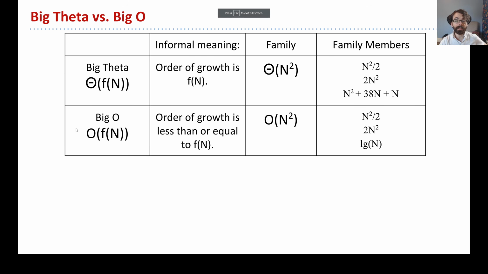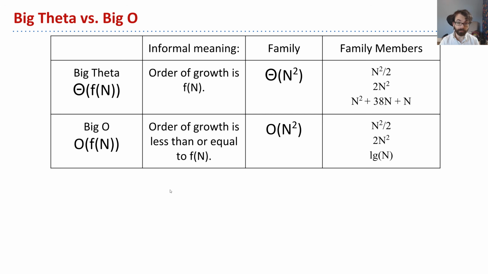So comparing Big Theta and Big O, the informal meaning of Big Theta is that the order of growth is f of n, and for Big O, it's that the order of growth is less than or equal to f of n. If we think of each of these expressions, say Big Theta of n squared, as a family of functions, we can enumerate a bunch of different functions in that family. For example, 2n squared is in the family Theta of n squared. n squared plus 38n plus n, all three of these functions are in the family Theta of n squared.